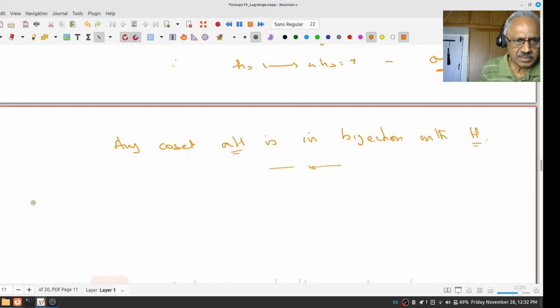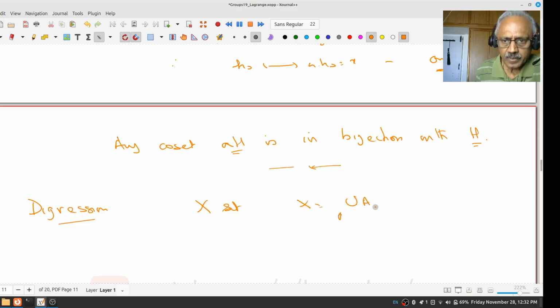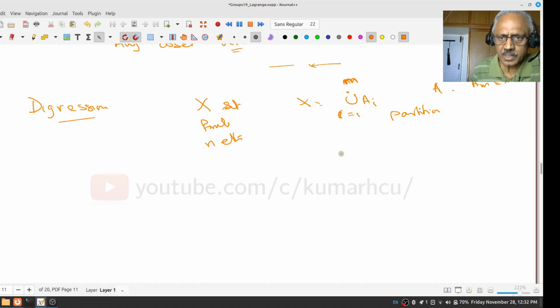Let us just have a digression. Suppose X is a finite set with n elements, and it is partitioned into A1, A2, up to Am. These are all subsets of X. This is a partition. One usually writes it by putting a dot or a square.